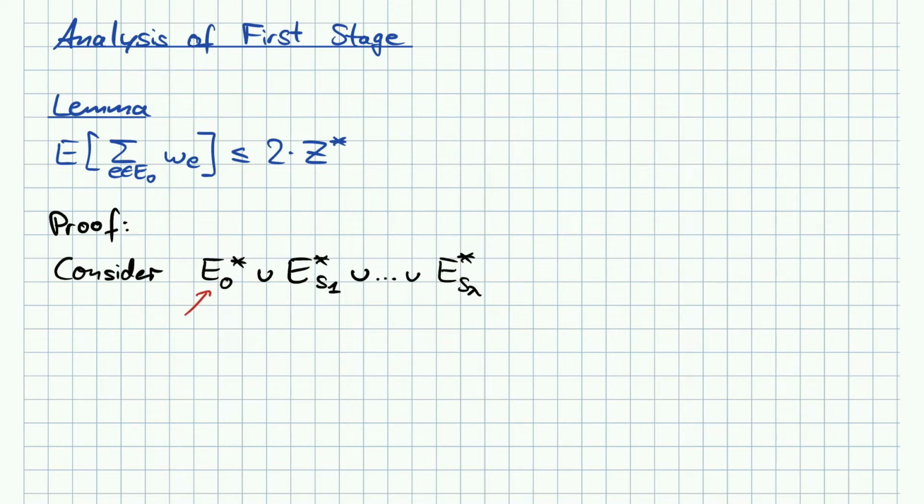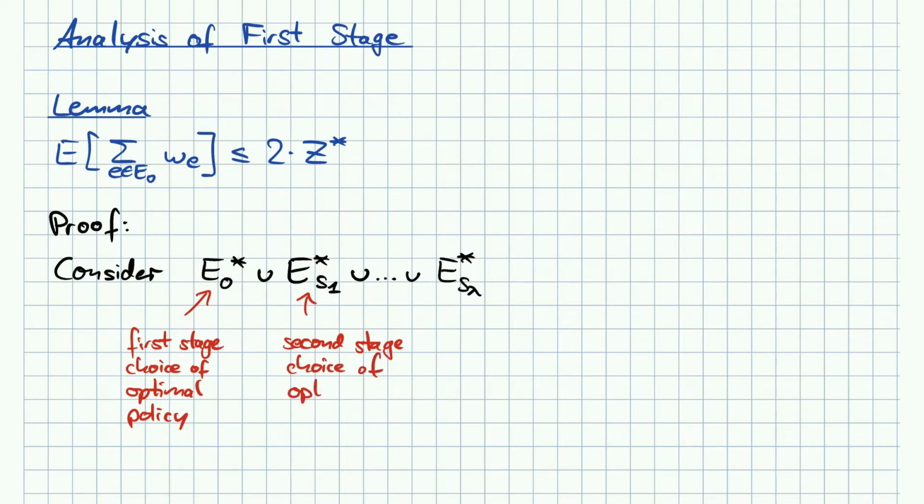Here, this is the first stage choice of the optimal policy. And now this is the second stage choice of the optimal policy, if the terminal set is S1.